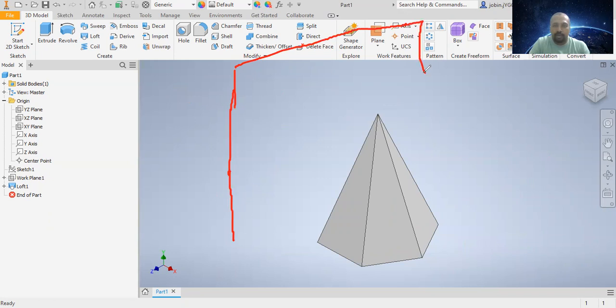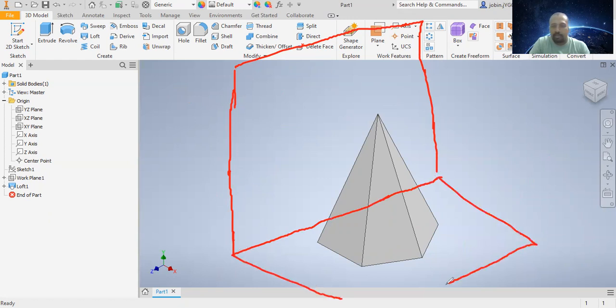So this is my VP and this is my HP, and here this is the one side. So one side is parallel to VP.